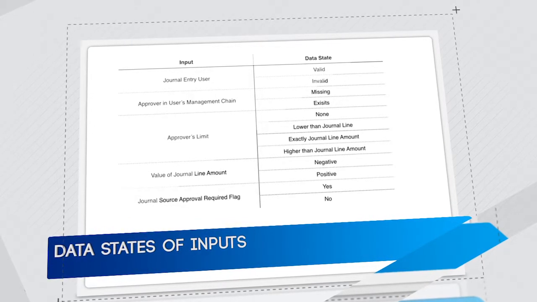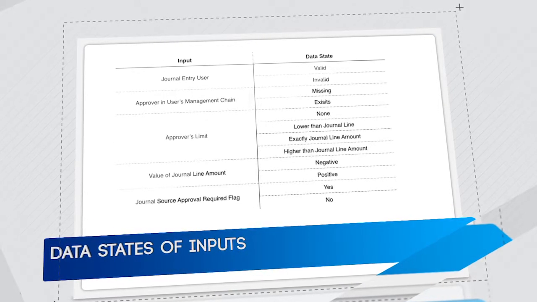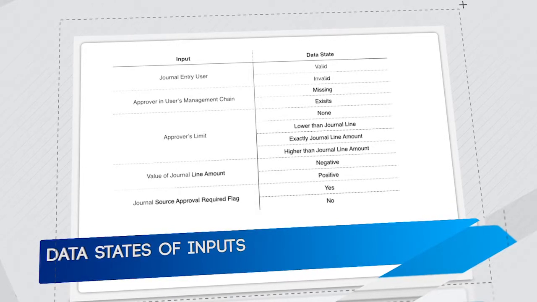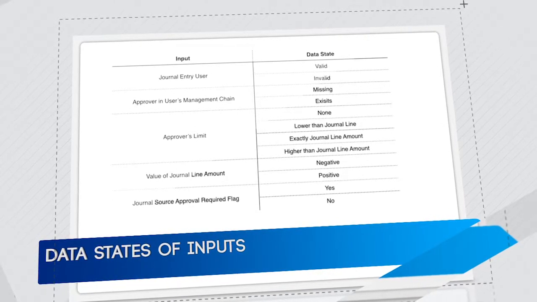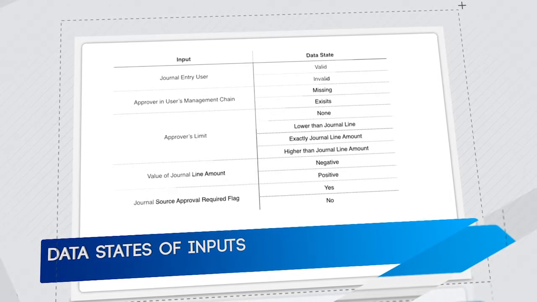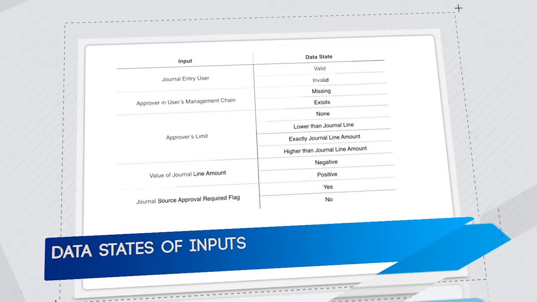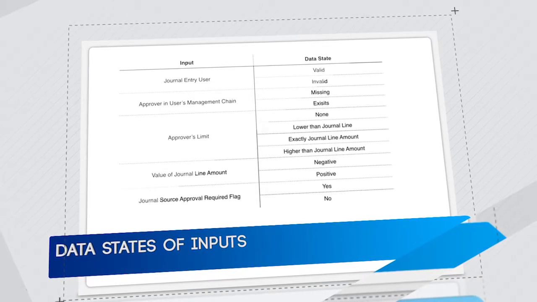So we have our different data states. We have our journal entry user. We have the approver, so that's in the management chain. The approver can either exist or it can be missing. So if I have an employee record that doesn't have a supervisor, then there's no one to send the journal entry to. And then the next thing is the approver's limit.